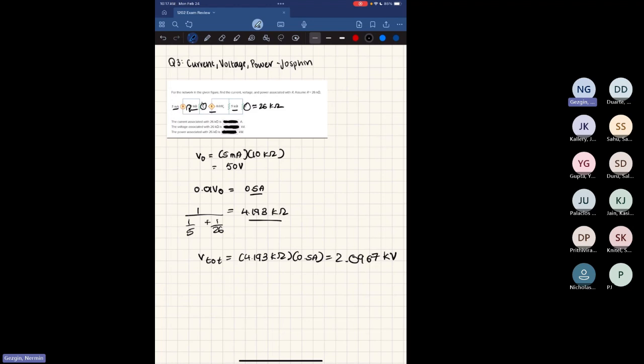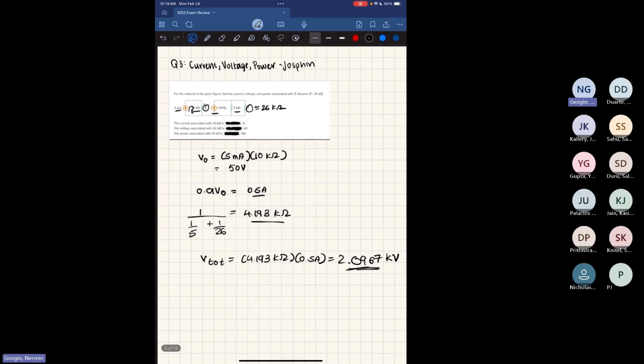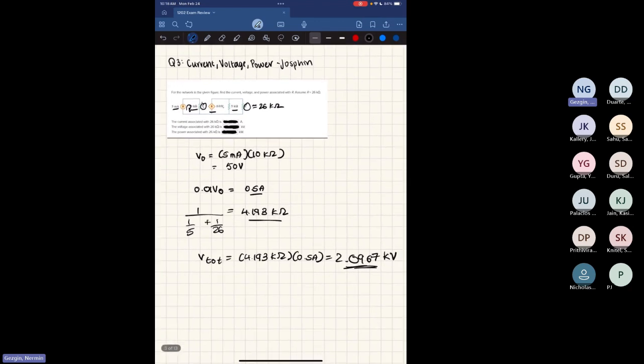So from here, here's the really important part to remember. When you have anything which is in parallel, the voltage for the equivalent resistance is the same as the voltage for each resistance. So basically the voltage for the 26 kilo ohms is the same as what we just found here, V total. So we already found one of the answers.